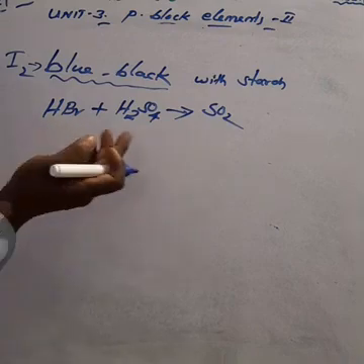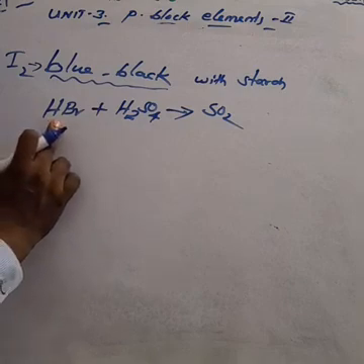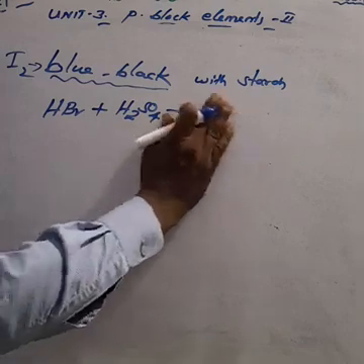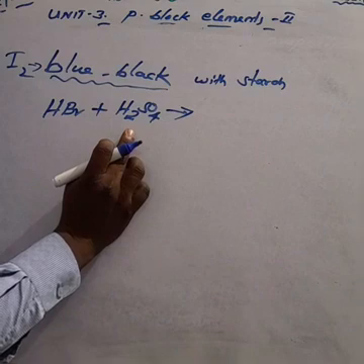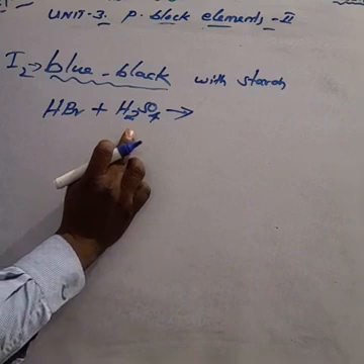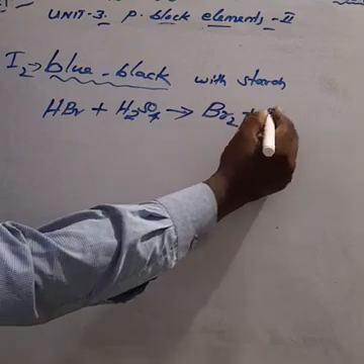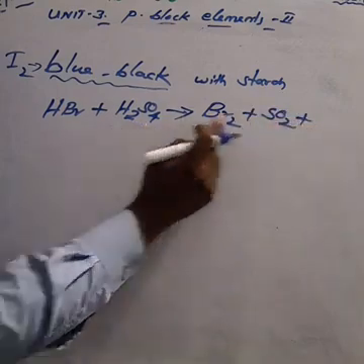How can you write the equation? HBr reacts with sulfuric acid, that is H2SO4, and gives Br2 plus SO2. That is, sulfuric acid is reduced into SO2.